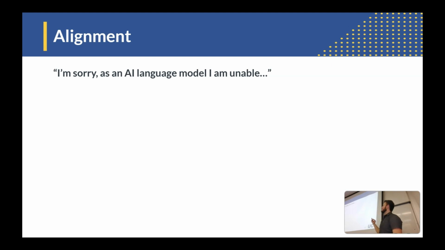So I'm sure many of you have seen this phrase before: "I'm sorry, as an AI language model, I'm unable to complete your request." It's something we see a lot when interacting with models like ChatGPT or Llama. Anything that's been fine-tuned on alignment data sets has some of these responses baked in. This is usually in an attempt to reduce harmfulness.